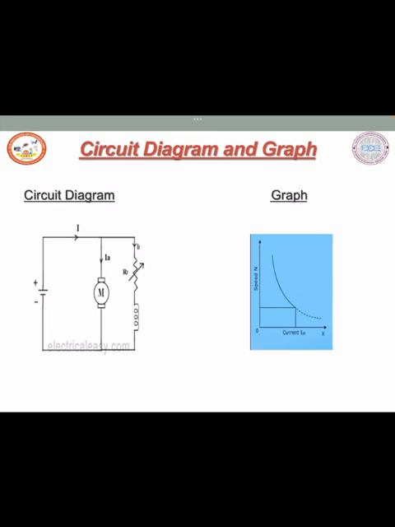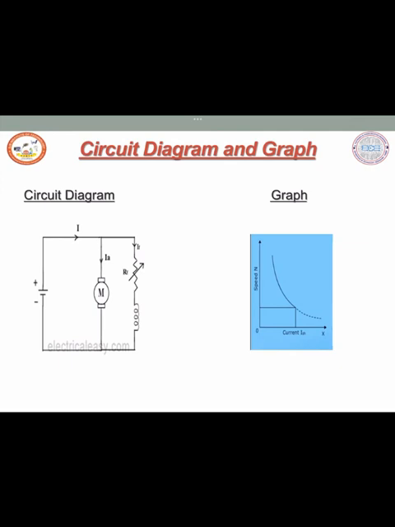We can control the speed of the motor by just varying the rheostat connected in series with the winding. The second advantage is that speed control above the rated speed is possible. Whatever the rated speed of the machine is, above that we can increase the speed of the motor using this method.